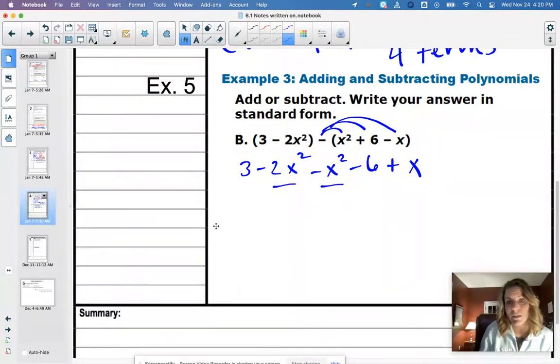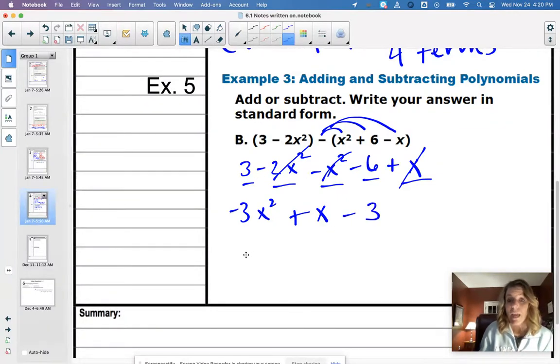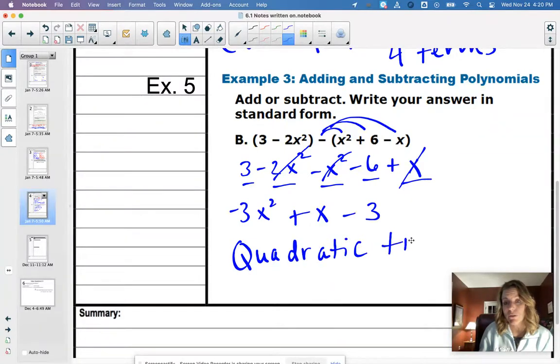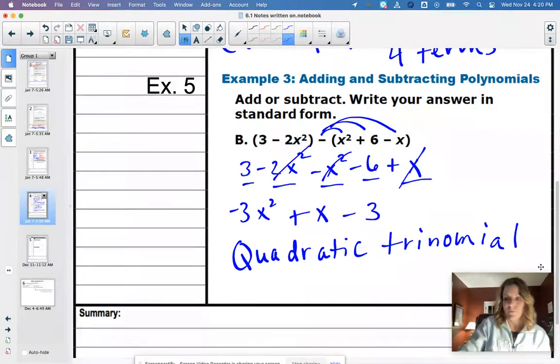All right, negative 2x squared minus x squared is negative 3x squared. We have an x all by itself. And we have a 3 minus a 6 is a negative 3. So the degree is a 2. So it's a quadratic. And there's 3 terms. So that would be called a trinomial.